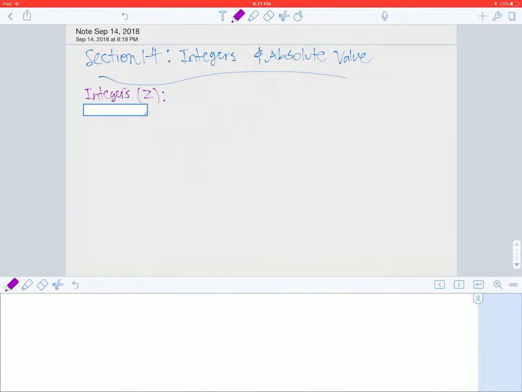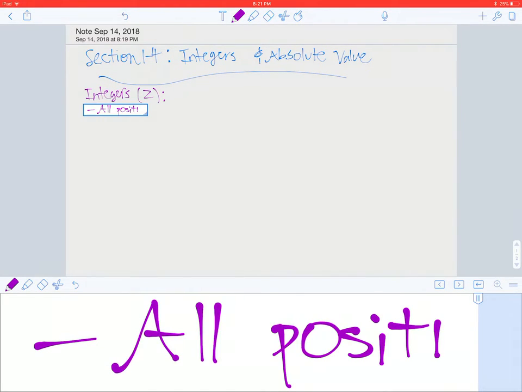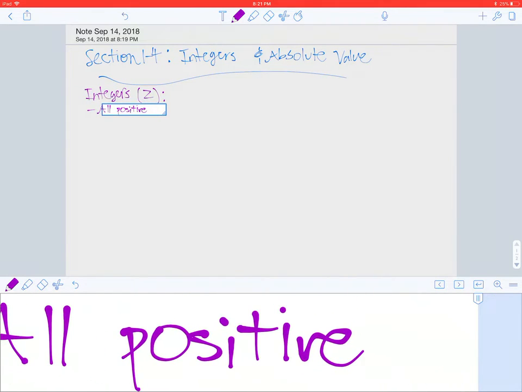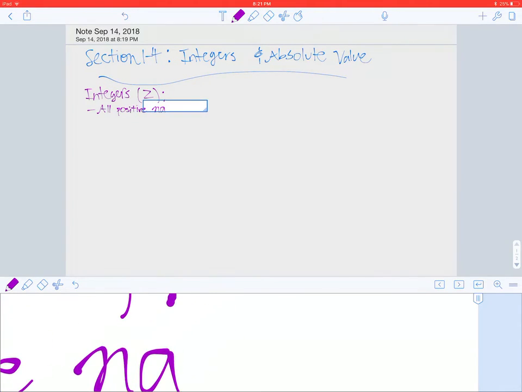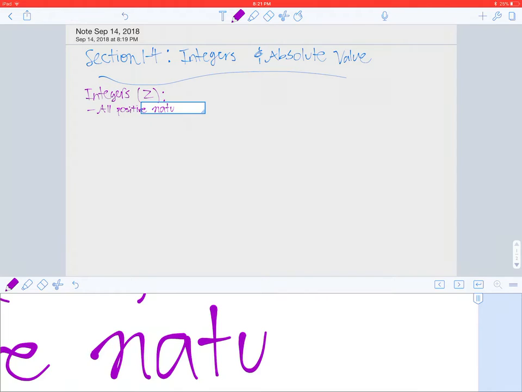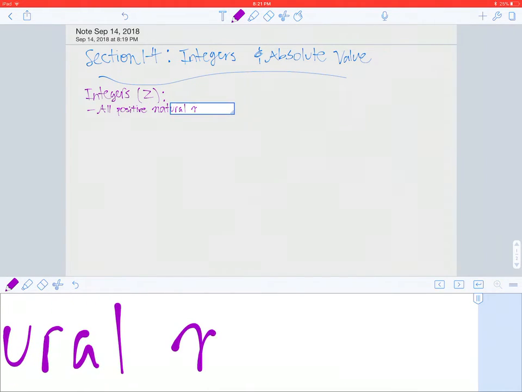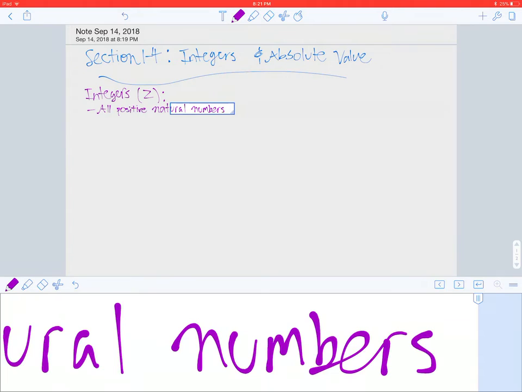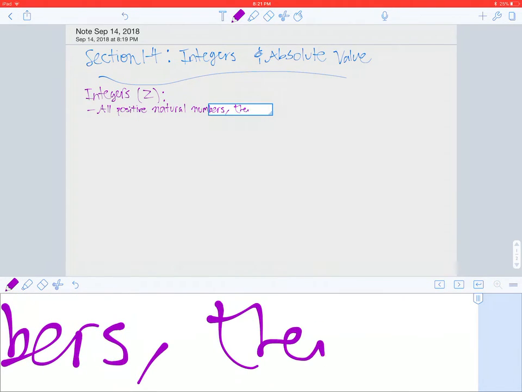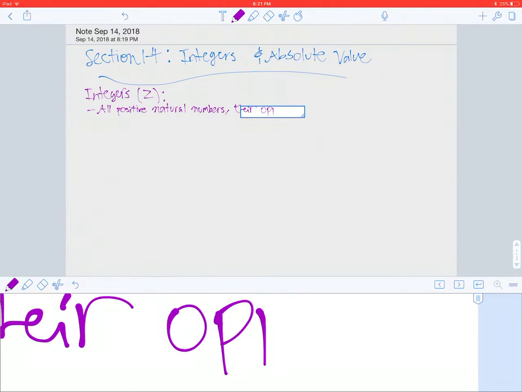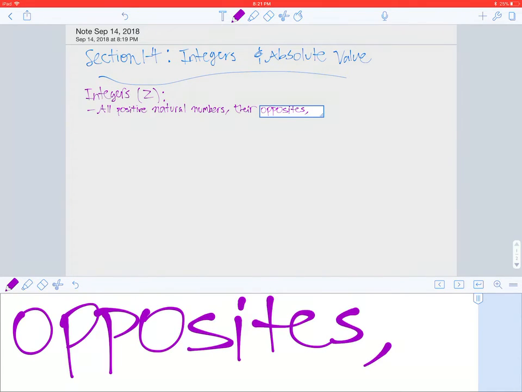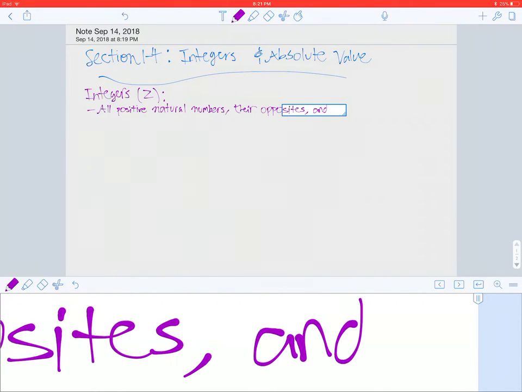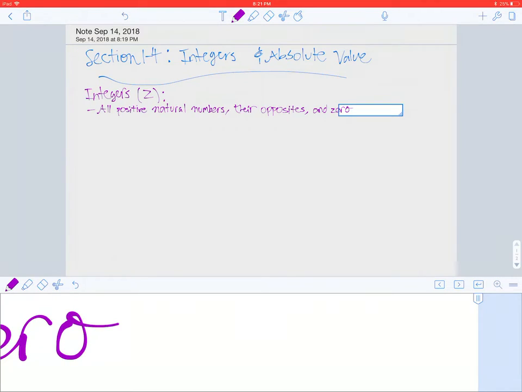Integers include all positive natural numbers, their opposites, and zero, since zero is not positive, but it's still considered a natural number.